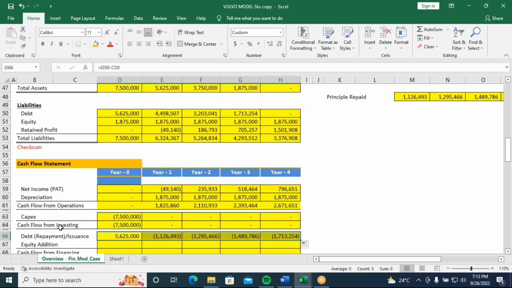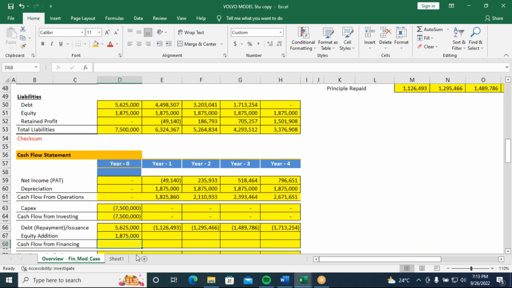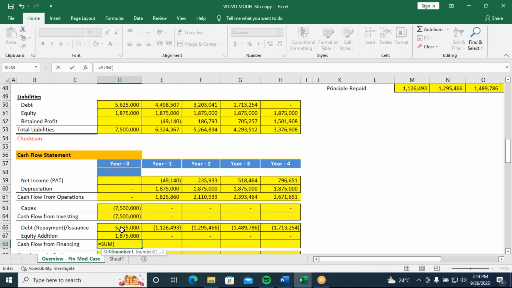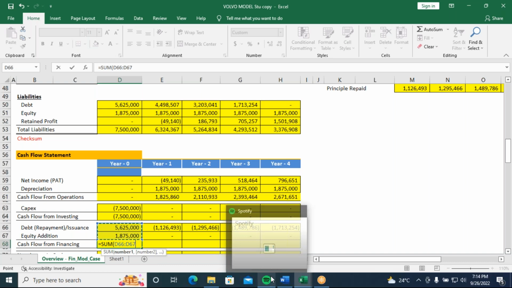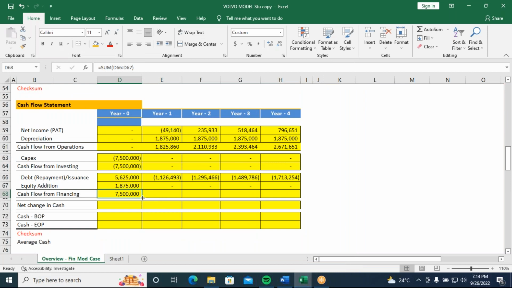So equity addition is equity for the first year minus the previous year. I'll select and drag. So cash flow financing is equal to sum of, open the parenthesis, debt plus equity. So this will be my cash from financing. I'll select and drag this.